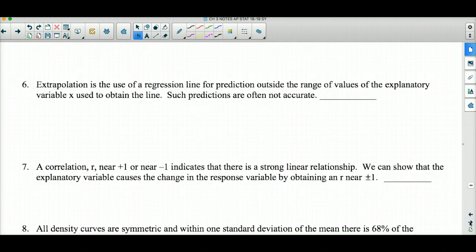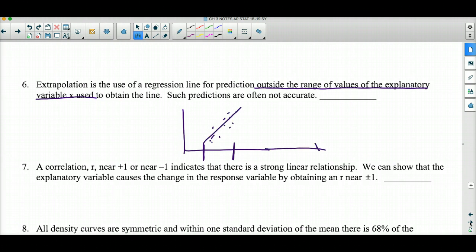All right, number 6, extrapolation is the use of a regression line for prediction outside the range of values of the explanatory variable used. Do you agree with that? So if I have data from here to here, and I can see this relationship, and I make a line, can I use it to make a prediction out here?